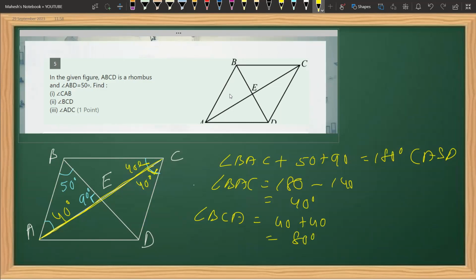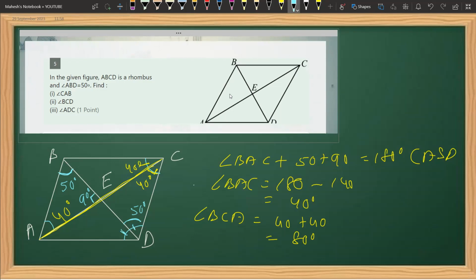Now in the last part, what we have to get is angle ADC. This angle is what we have to get. We can use a similar way, alternate interior angles, to get this value. There can be other ways of doing it, but we can find it like this. This angle is 50 degrees, so by alternate interior angles, this will also be 50 degrees. Further, as you know, the diagonals bisect the opposite angles, so this angle must be equal to this.